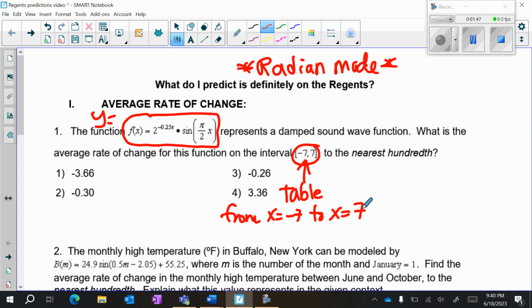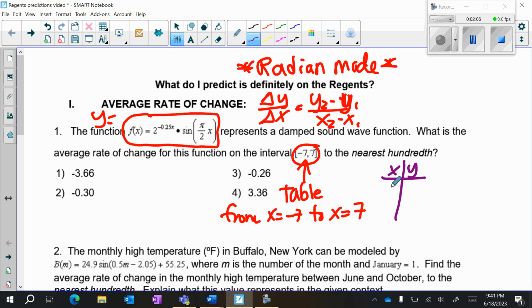Okay, so you need to know the formula for rate of change is change in y over change in x, which is y2 minus y1 over x2 minus x1. Remember, this is going to find the average rate of change over the given interval. So once you look at your table from -7 to 7, I recommend that you copy down the y values that correspond to those x values and write them down.